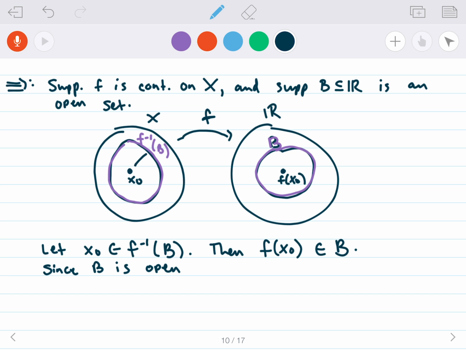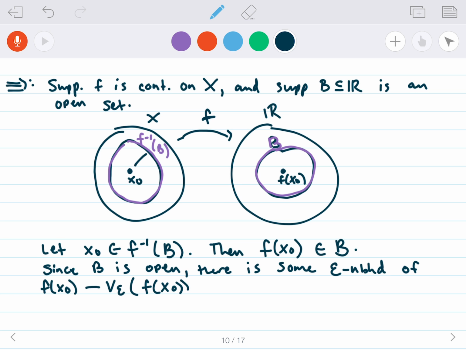So since B is open, let's call it an epsilon neighborhood. There is some epsilon neighborhood of f of x naught. Using our notation, let's say this is V sub epsilon centered at f of x naught. So that's our neighborhood, which is completely contained in B.